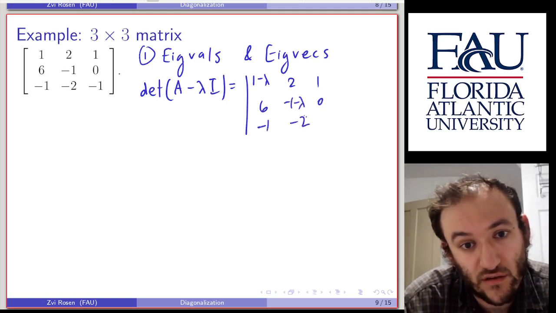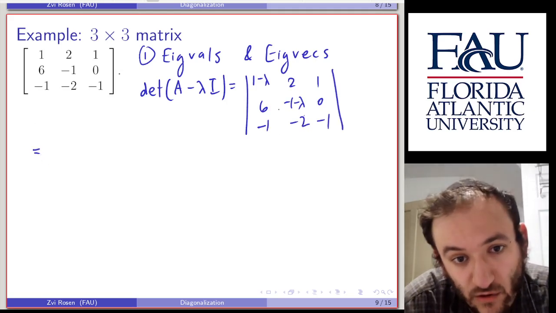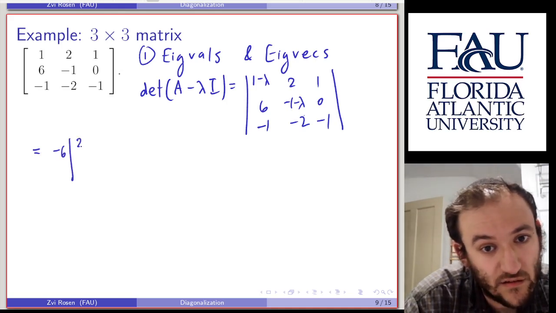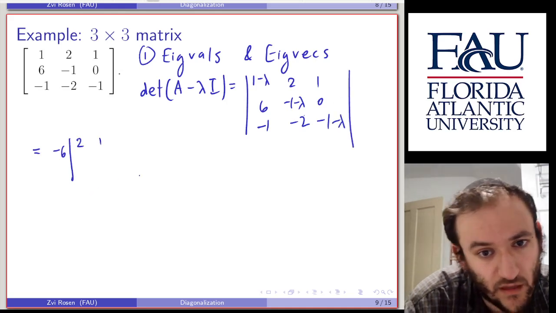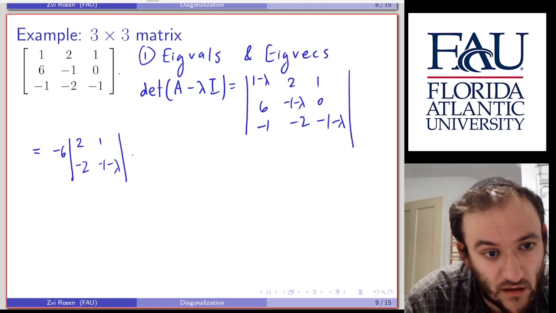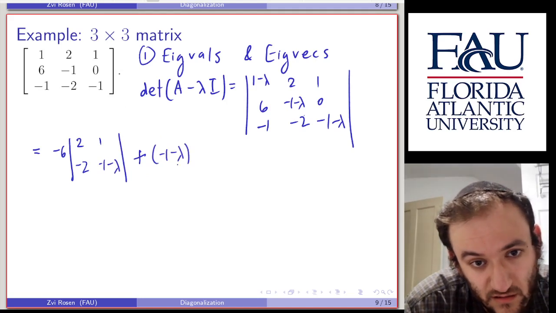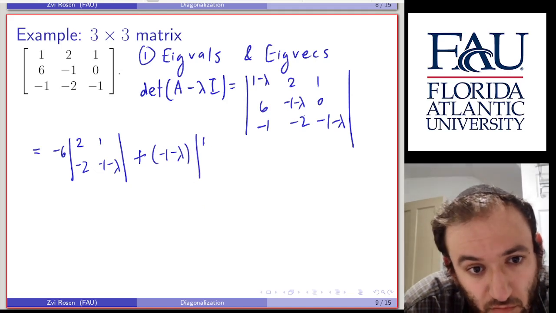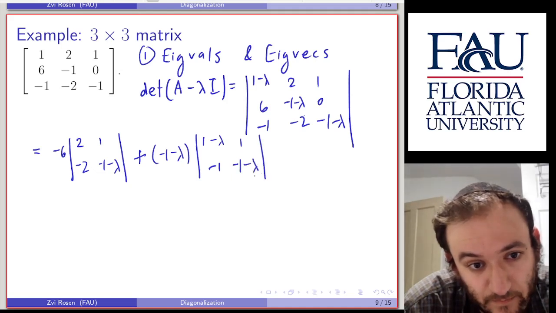And we'll expand across the middle row, so it's -6 times the determinant of [2, 1; -2, -1 minus lambda], plus (-1 minus lambda) times the determinant of [1 minus lambda, 1; -1, -1 minus lambda].